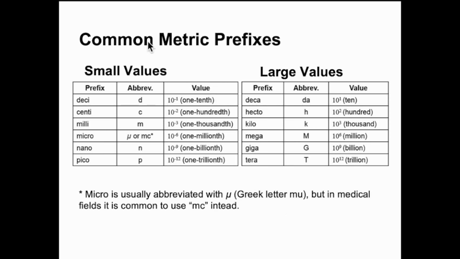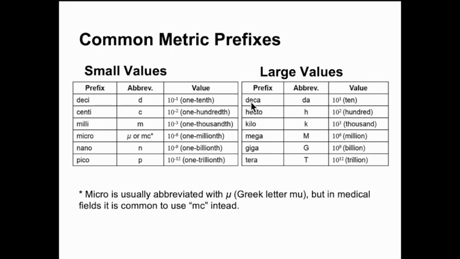So in this table here, these are the smaller values. This is when you're going to be less than 1 unit. So less than a meter or less than a liter, less than a gram. Okay. So these are the smaller values. These are the larger values over here where it's going to be greater than 1 unit.